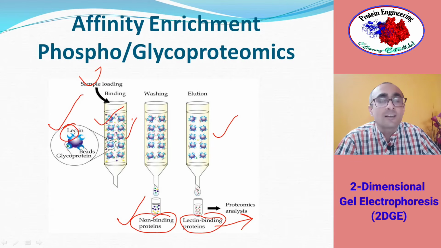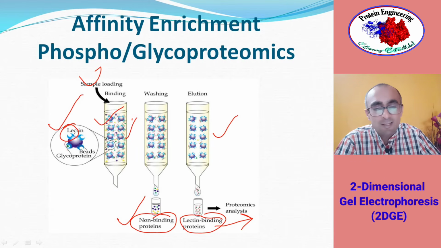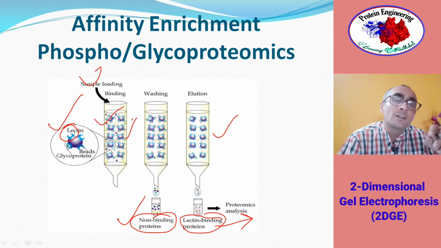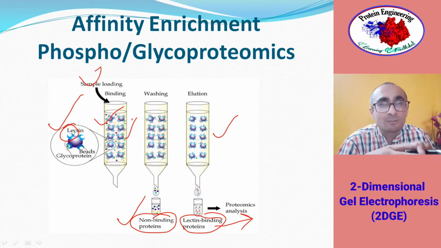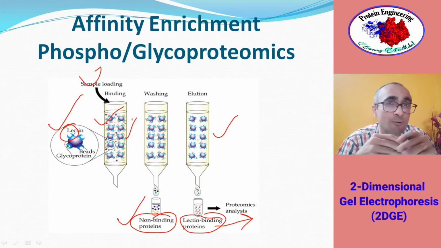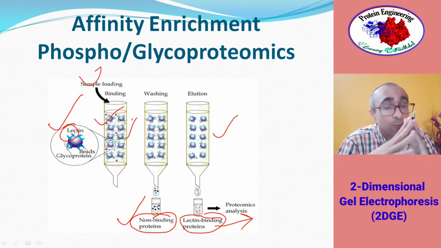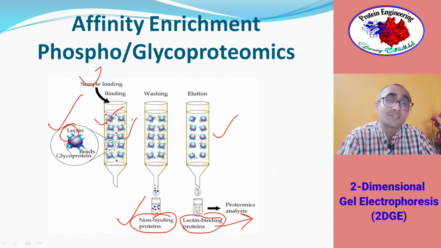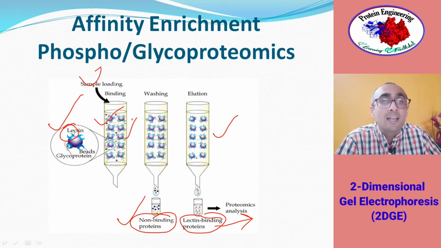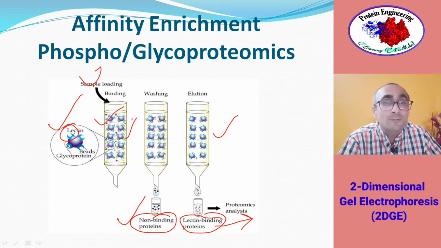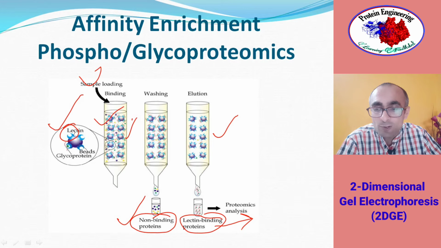Or similarly, if you are interested in phosphoproteomics, in the affinity column you can use antibodies against serine phosphate, threonine phosphate or tyrosine phosphate. We know that in proteins phosphorylation occurs on the side chains of serine, threonine and tyrosine, and antibodies against serine phosphate, tyrosine phosphate are available.